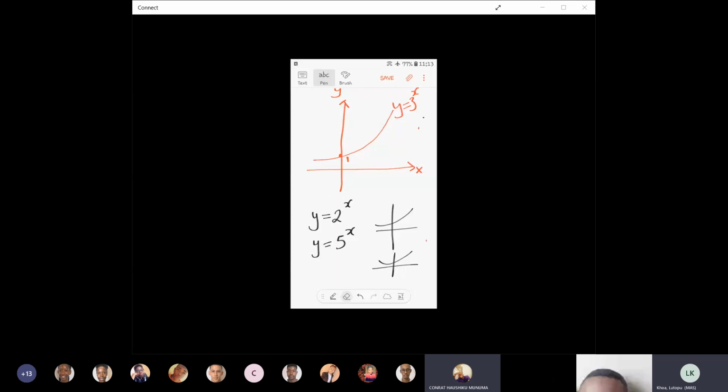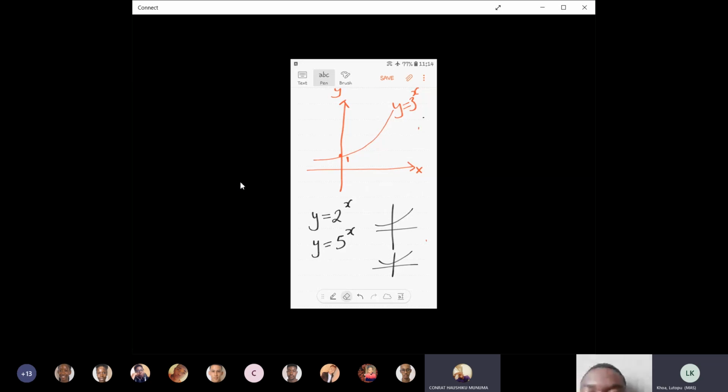I have a question. If I have y equal to 2 to the power minus x, will my graph be the opposite of y is equal to 2 to the power of x?